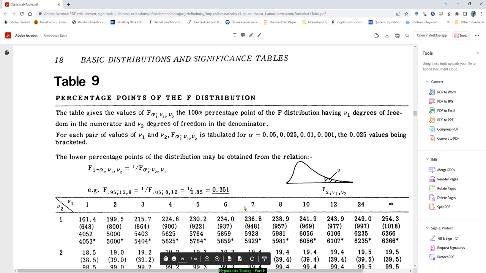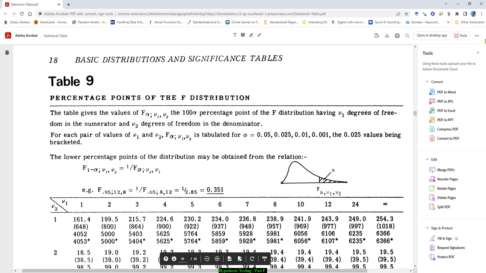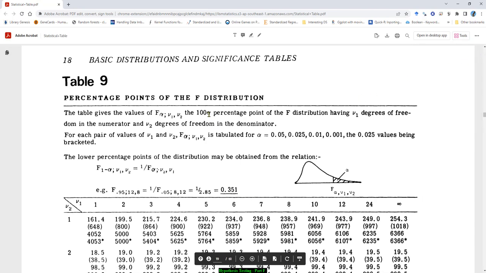Boleh nampak ah? Okay. Sekejap saya tutup ni. Okay, the table give the value F alpha, V1 and V2. Okay, sama macam konsep yang kita nak. Alpha, V1 and V2.